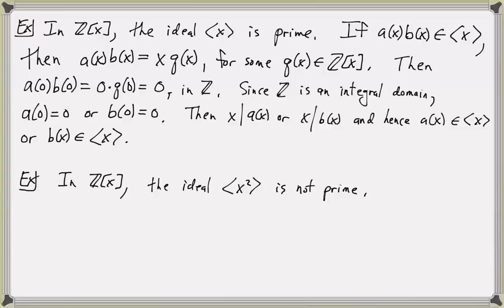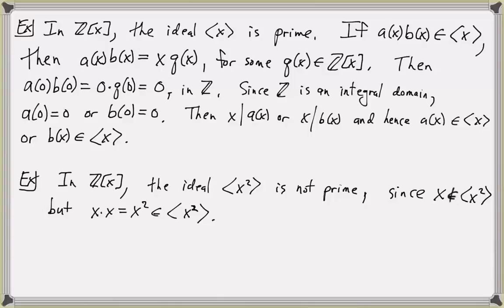To show this is not prime, just note that x is not in the ideal generated by x squared. So x is not a polynomial that's a multiple of x squared, but the product x times x, which is x squared, is an element of the ideal generated by x squared. So we have a product that's in the ideal such that none of the factors is in the ideal. So therefore this ideal is not prime.